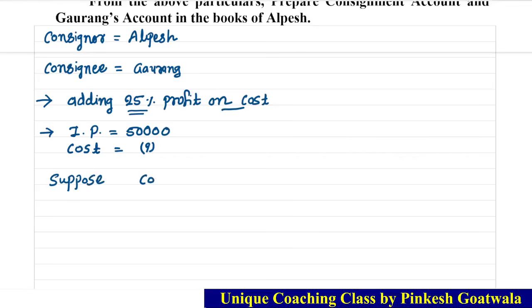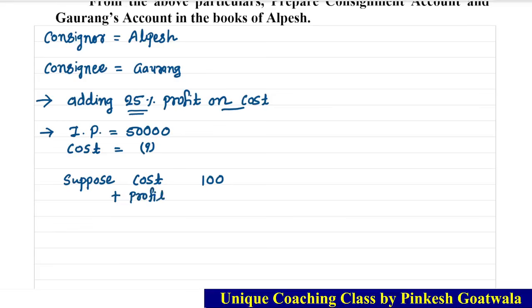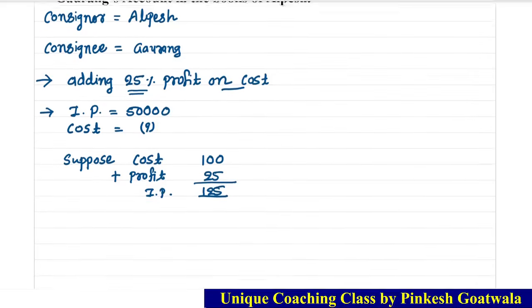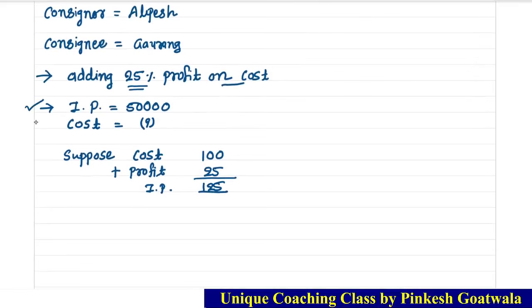Suppose cost is 100. Suppose cost 100, so profit is 25, so it will be added. Profit 25, so 125 will be the invoice price. Okay, so now let's put this step. Here we have an invoice and we want cost, so we start this step from invoice and here cost, and first of all we show the value of suppose.